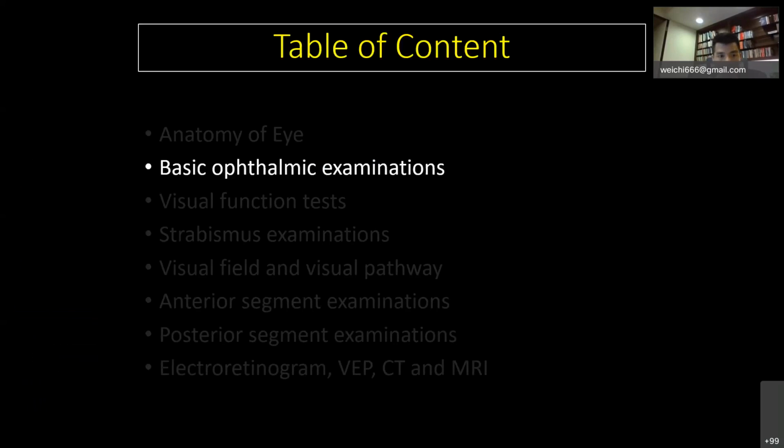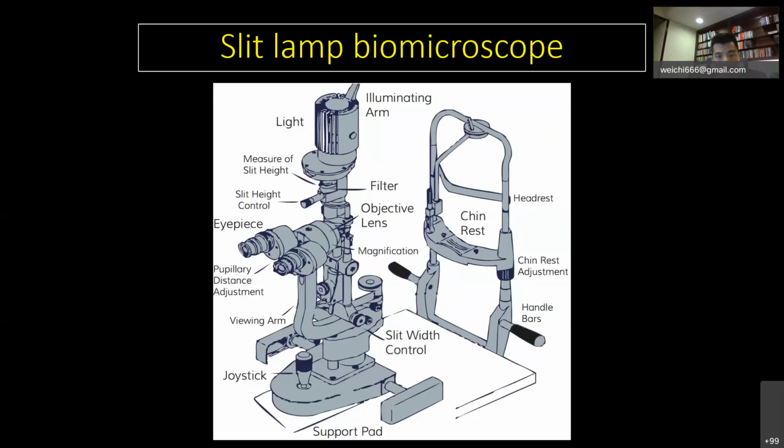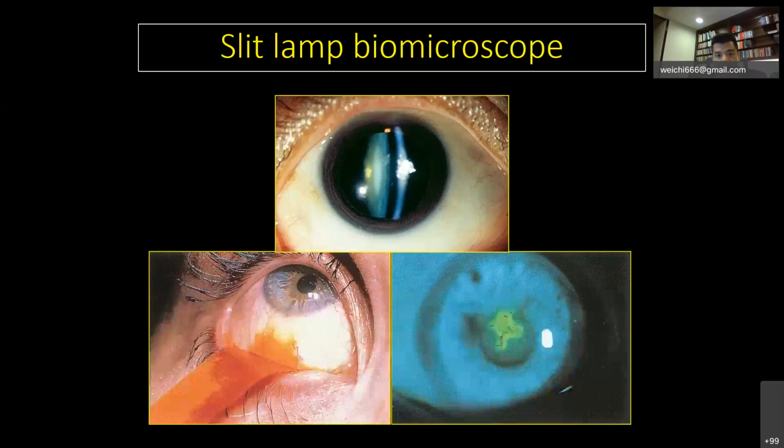Then we would move to the basic ophthalmic examination. So this is a slit lamp biomicroscope. This is the most essential instrument in the ophthalmology clinic. Basically, we just use the light to become a slit, a very thin light.